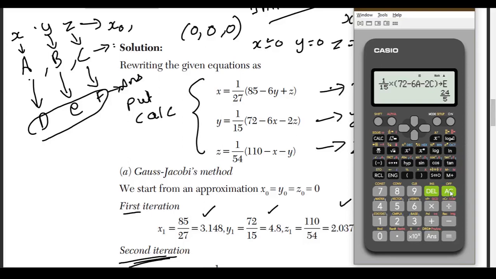Now for the third equation, 1 by 54, open bracket, multiply and open bracket 10 minus what is x? A minus what is y? We are going to store here in f.